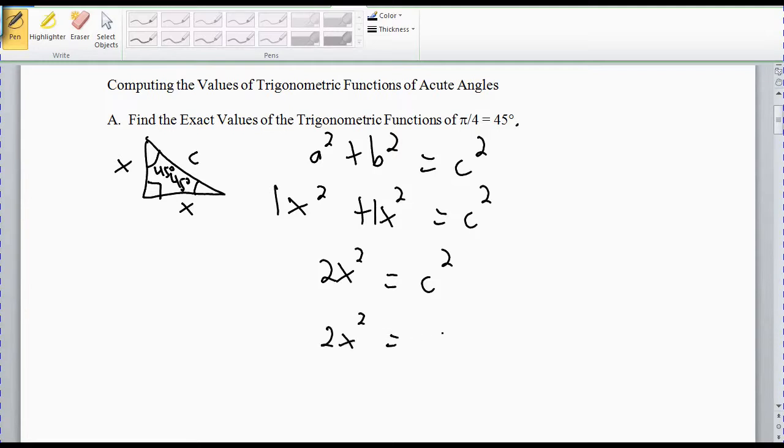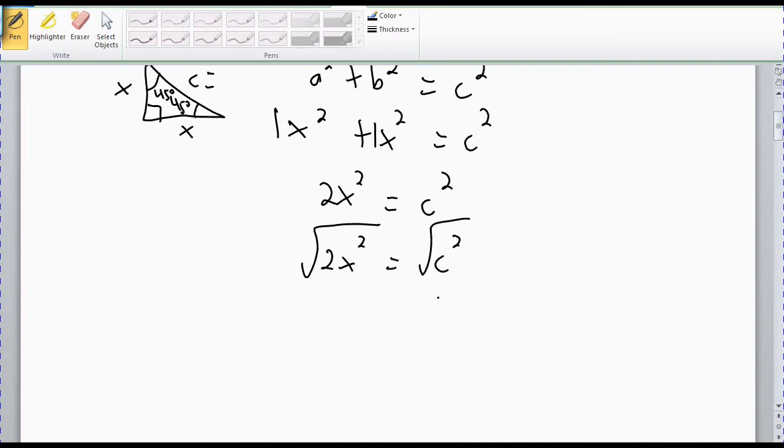To do that, because I need to know what that side actually is with respect to x, in order to solve for c, I take the square root. Now normally it's positive and negative, but since we're dealing with the side of a triangle, we're only going to use the positive value.